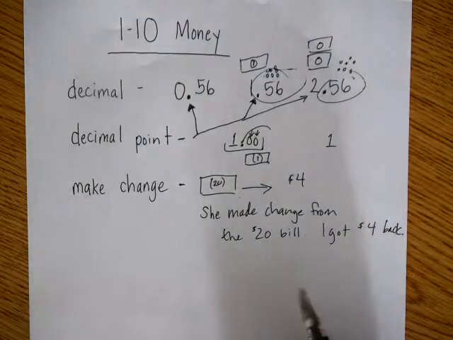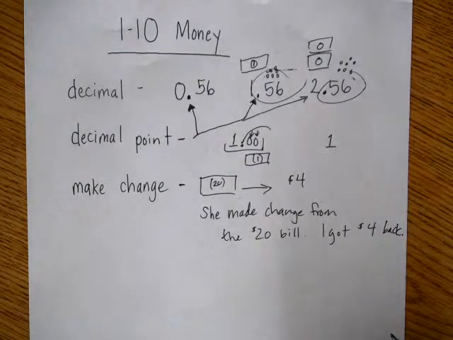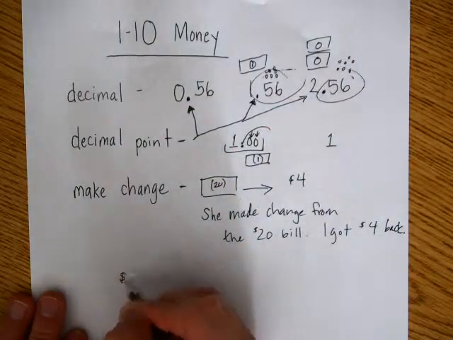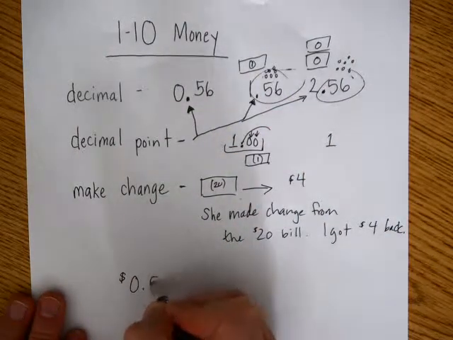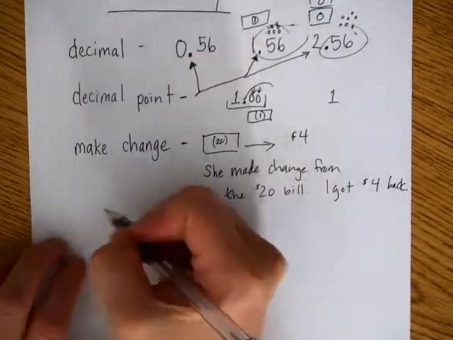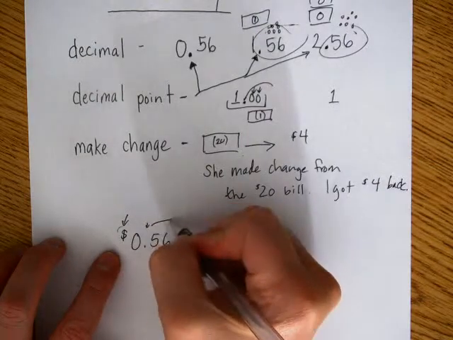So those are the vocabulary words. We want the students to be able to identify digits in a decimal in dollars and cents notation. For example, if we have these numbers up here, let's say 0.56. This is called dollars and cents notation, because we have a dollar sign and then a decimal to show us the cents.